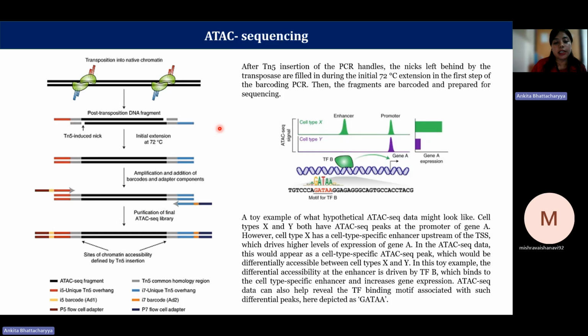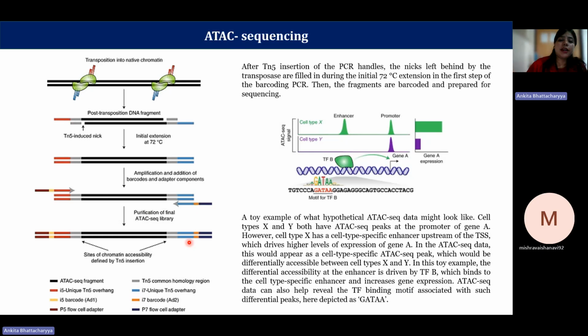The amplification and addition of barcodes and all the adapter components, etc., is all completed. Finally, the ATAC-seq library is purified, and then sites which are accessible are then defined by the insertion of this TN5, this red and this blue. As you can see, these are the primers which have been introduced by the transposase. So those regions you can then study.